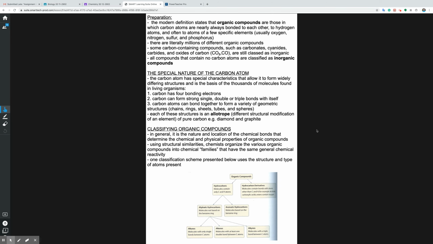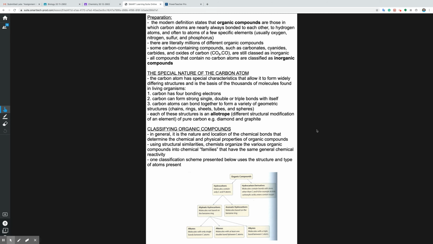Okay, special nature of the carbon atom. One of the reasons it can make these millions of different compounds is, first, it has 4 bonding electrons. Really only carbon and silicon have 4 bonding electrons. Carbon can form a strong single, double, or triple bond with itself.